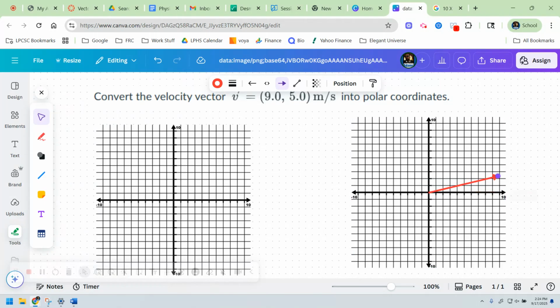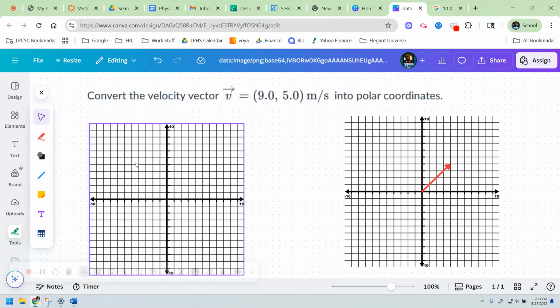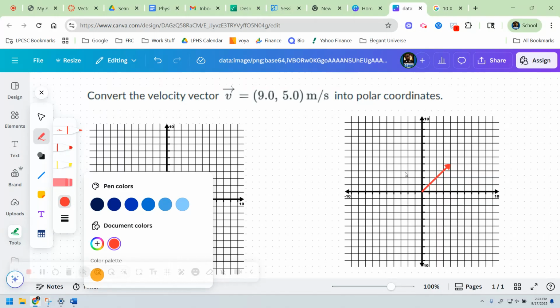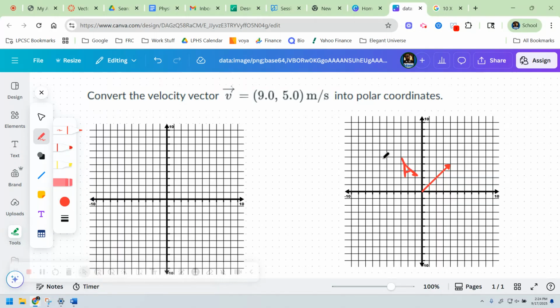Okay, so I've got this vector. We'll call this vector A, okay? So this is vector A. Now A sub x is going to be 1, 2, 3, 4 units, okay?